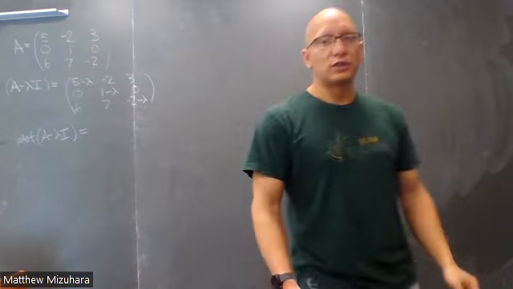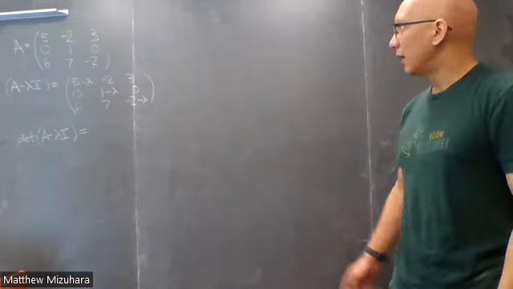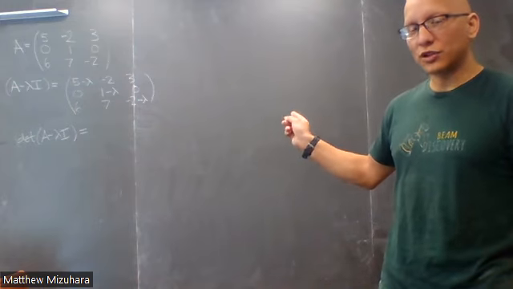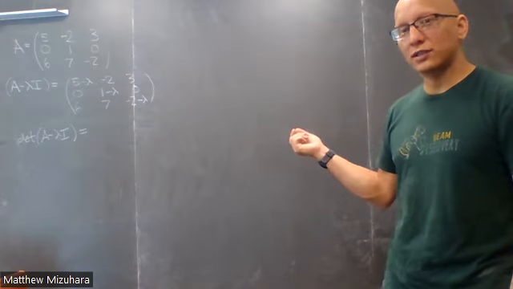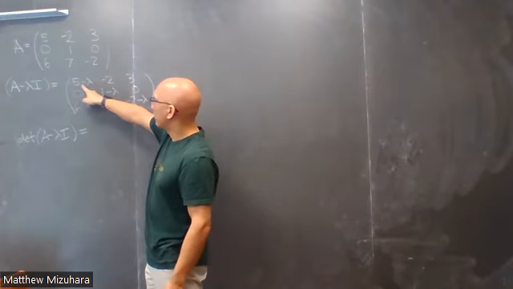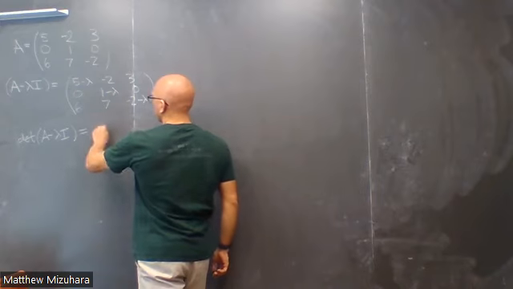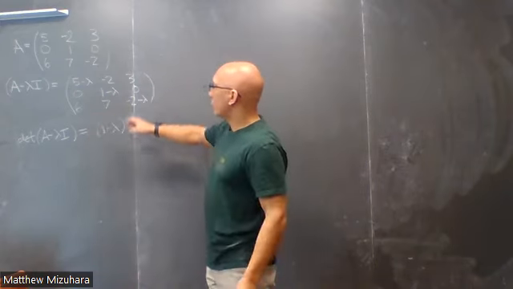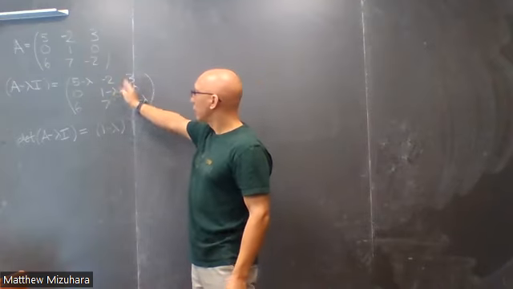Now, to calculate this determinant, we of course should be using some cofactor expansion. I notice here that because I have a row 2, which has a bunch of zeros in it, it makes a lot of sense to do a cofactor expansion across the second row. And so to do that, I notice that this is okay, plus 1 minus lambda times the remaining 2 by 2 matrix I get by deleting the second row and column.